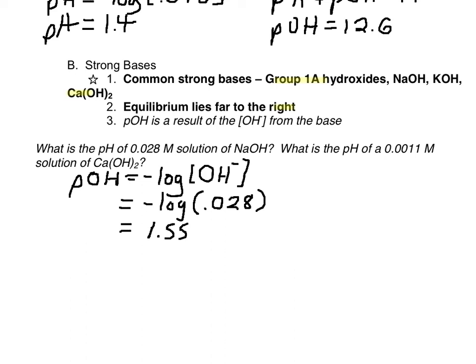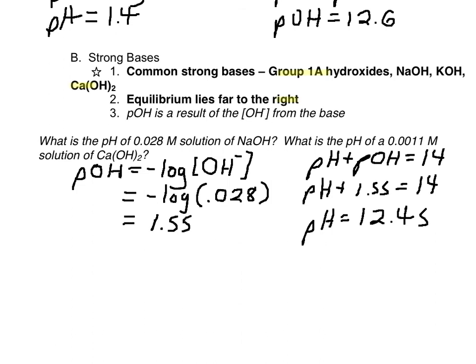So first I'm going to go ahead and find my pOH, and then once I have my pOH, I can use that to find my pH. So we have this as our final pH again. Stop and ask yourself, does it make sense that this is the pH of a strong base? Yes, it does.